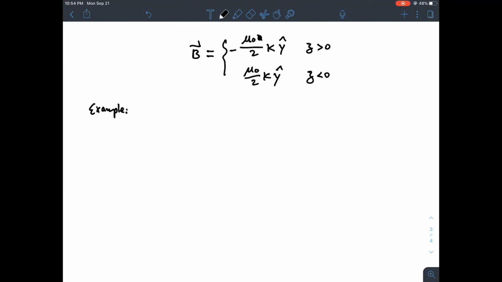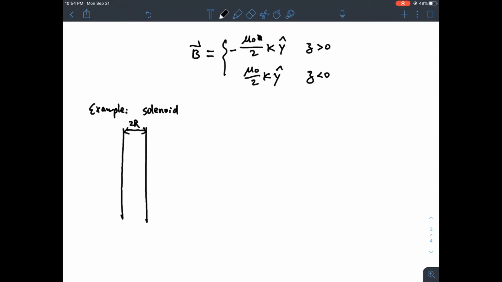So here we are talking about a very long solenoid, which is made of a very long cylinder that has a radius r, so diameter is 2r.